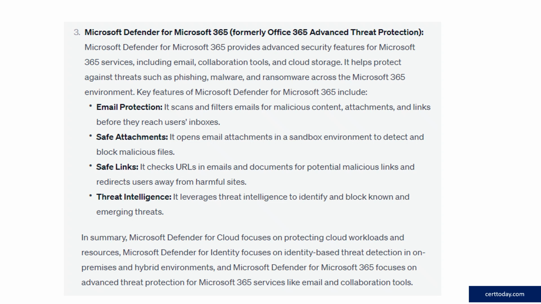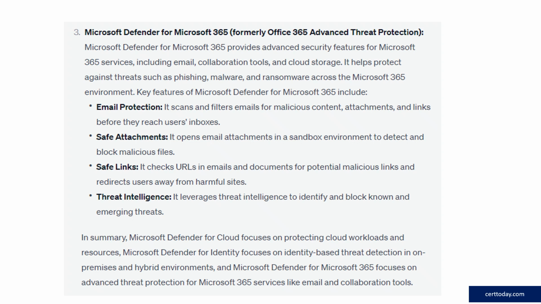Microsoft Defender for Microsoft 365 was formerly Office 365 Advanced Threat Protection. This Defender provides advanced security features for Microsoft 365 services, including email, collaboration tools, and cloud storage. It helps protect against threats such as phishing, malware, and ransomware across the Microsoft 365 environment. Key features include email protection, safe attachments, safe links, and threat intelligence.